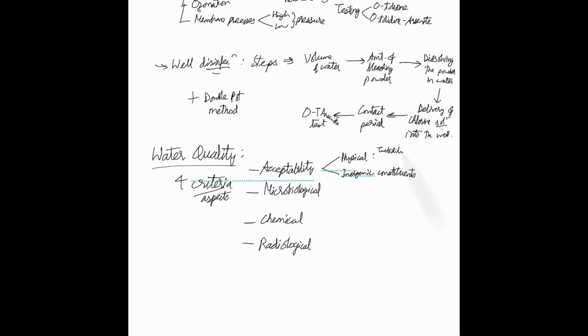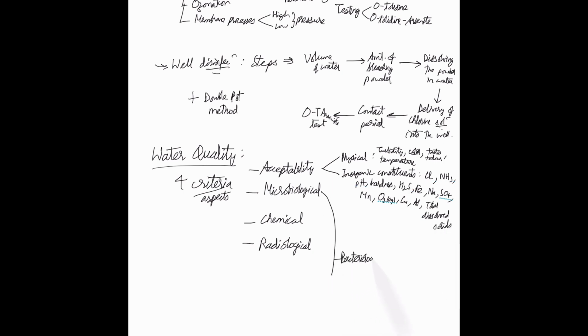Under physical factors, we have turbidity, color, taste, odor, and temperature. And under the inorganic constituents, we have chloride, ammonia, pH, hardness, hydrogen sulfide, iron, sodium, sulfate, manganese, aqueous oxygen, copper, aluminium, and total dissolved solids.